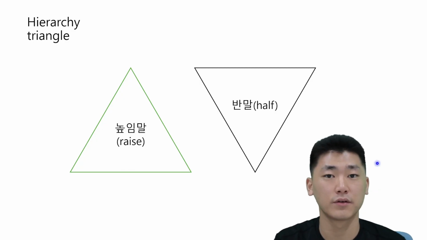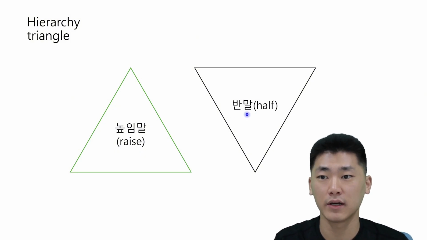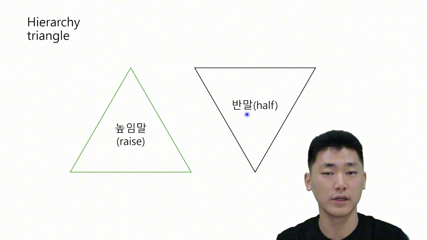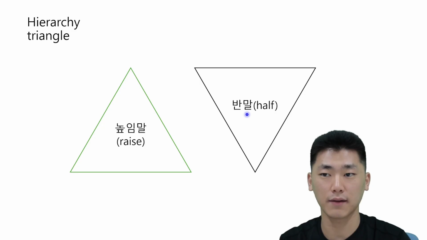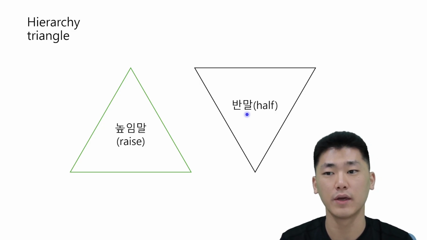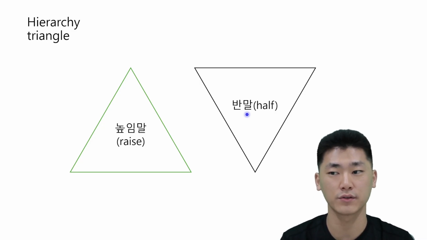But I would rather call 낮춤 by a different name, which is 반말. 반 means half and 말 means language. So it means that it's not a fully completed language, but half language, since the default of the Korean language is 높임, and we can only use 반말 in very specific and close relationships.